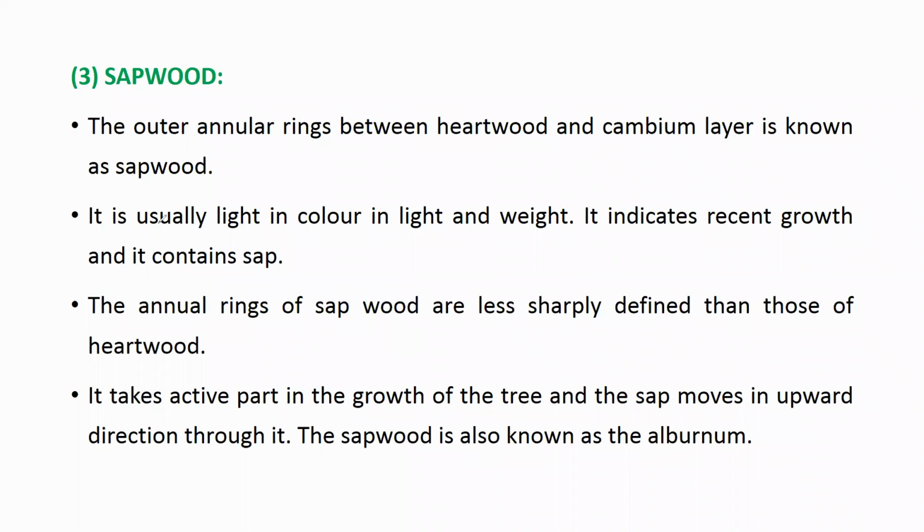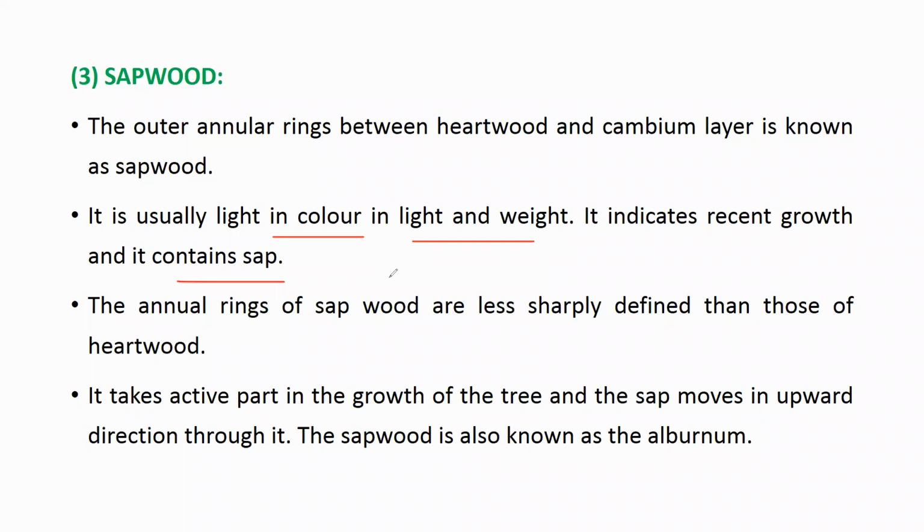Now, it is usually light in color and light in weight. It indicates recent growth and contains sap. Heartwood and pith are dark in color and are the centermost portion in the tree.